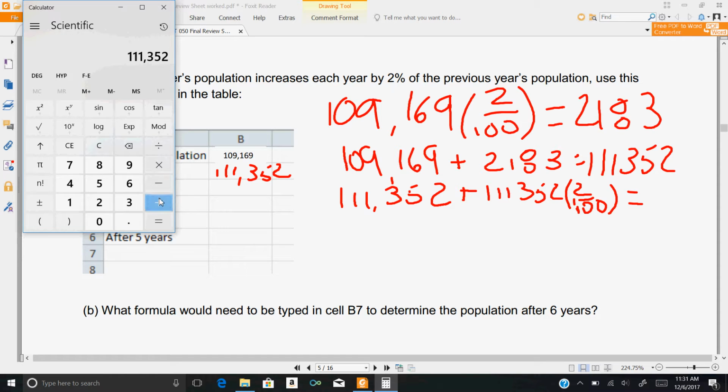So plus 11,000. Since I knew about what I needed, I knew something was wrong. And what I need to do is put parentheses around my multiplication and division. 111,352 times 2 divided by 100.